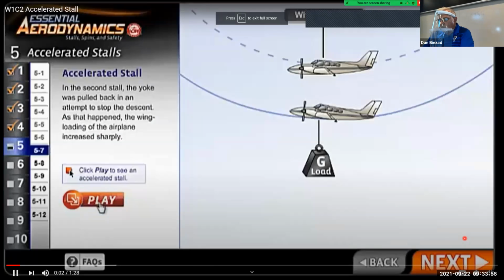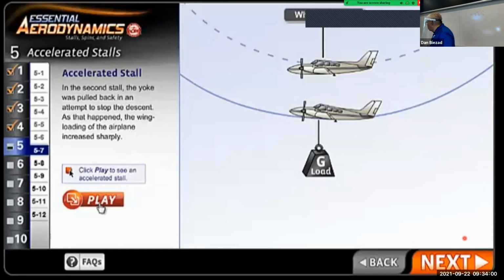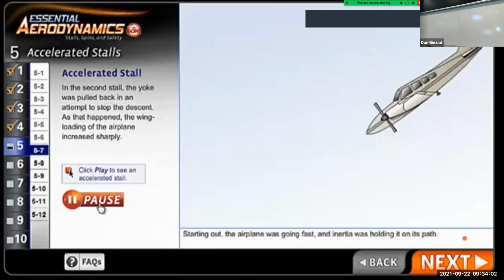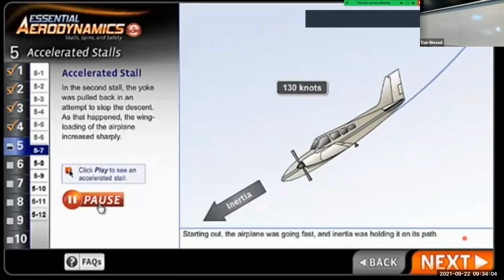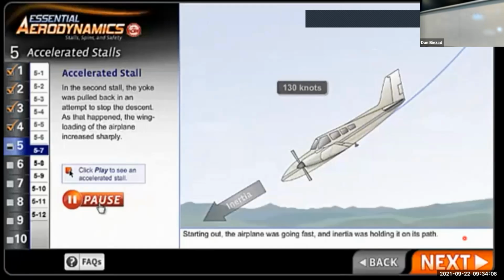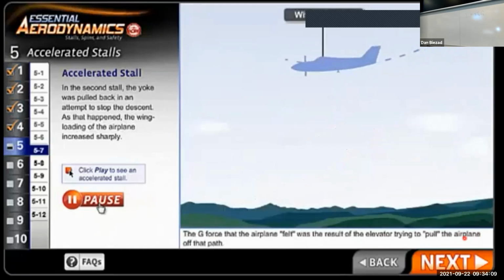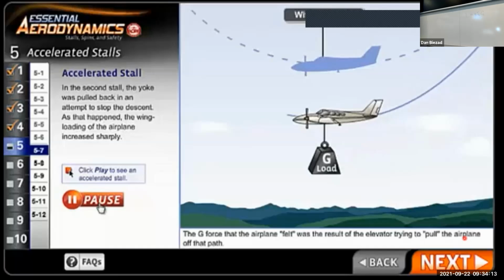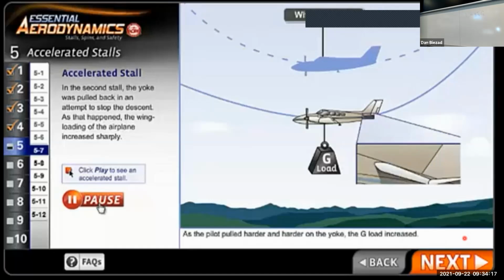So let's take a look at an accelerated stall above your VSO stall speed. Starting out, the airplane was going fast, and inertia was holding it on its path. The G-force that the airplane felt was the result of the elevator trying to pull the airplane off that path. As the pilot pulled harder and harder on the yoke, the G load increased.